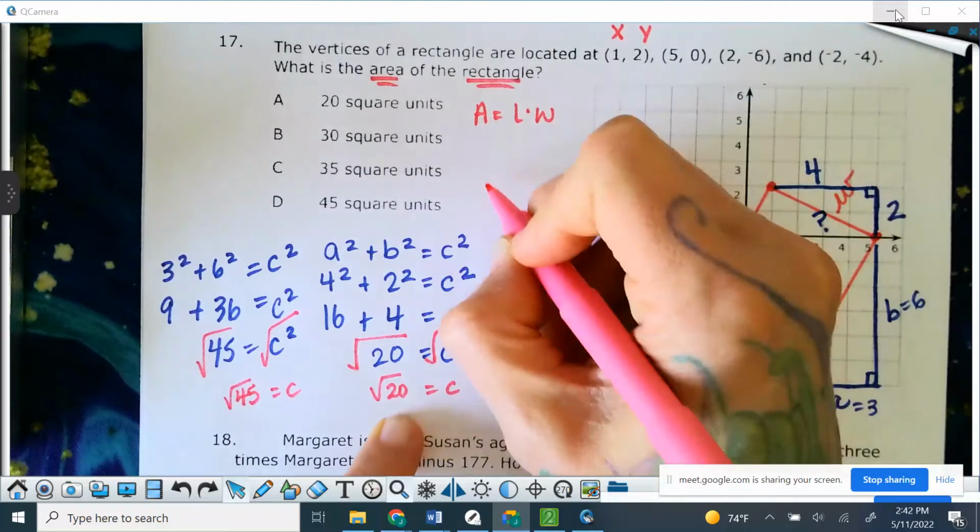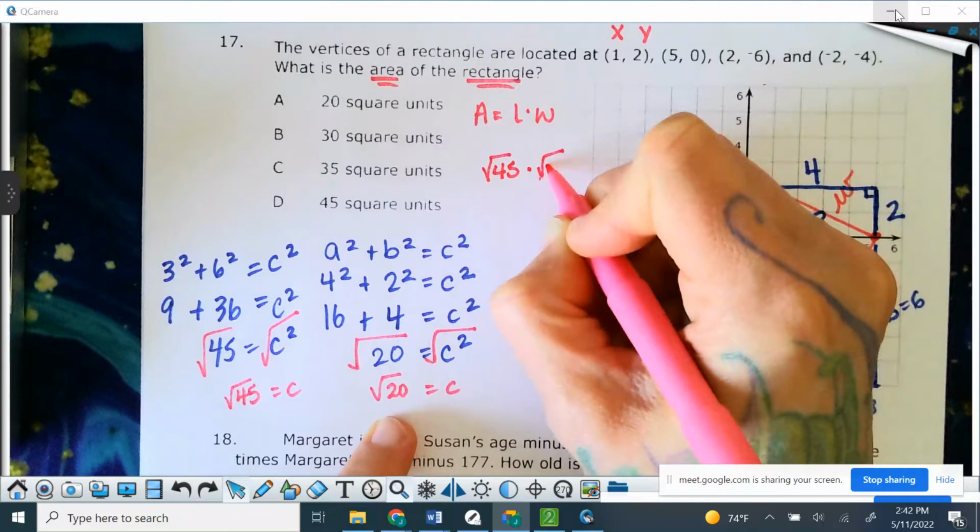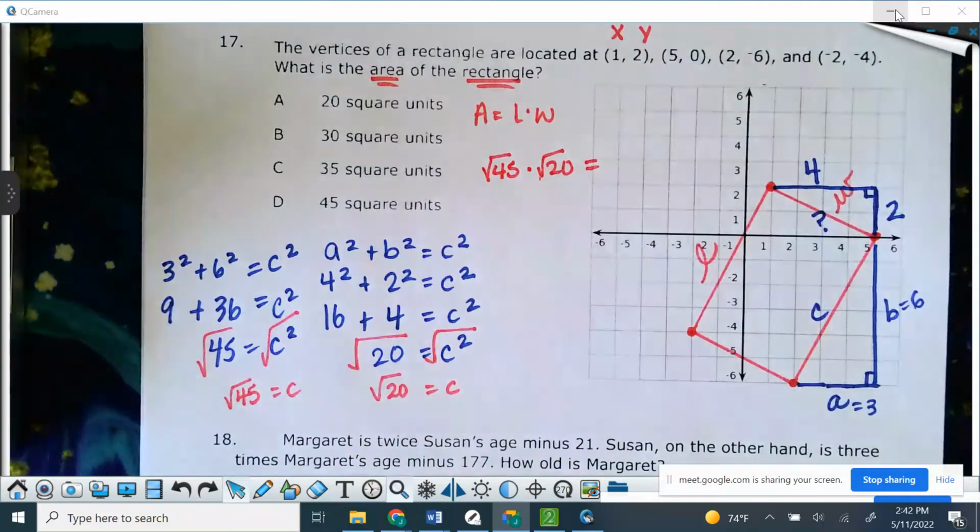So we're going to take the square root of 45 and times it by the square root of 20 and see what we get. You guys try it in your calculator while I'm putting it in mine and make sure we get the same answer. Yeah, beautiful.